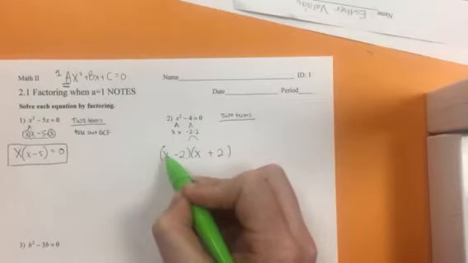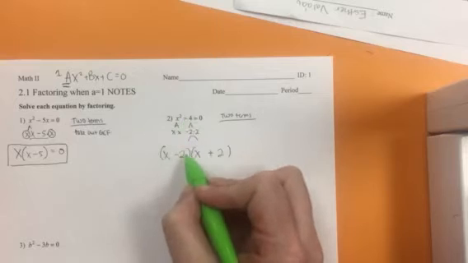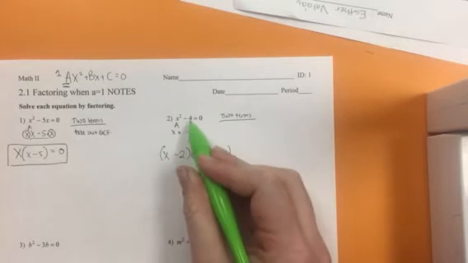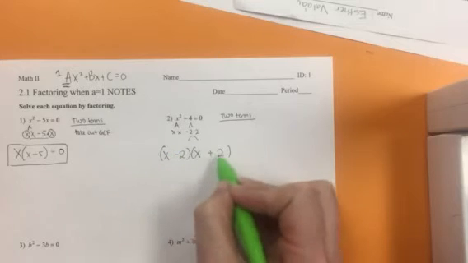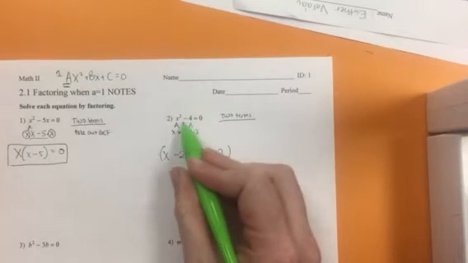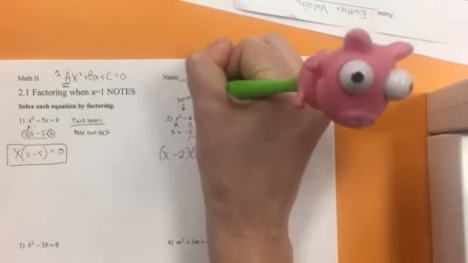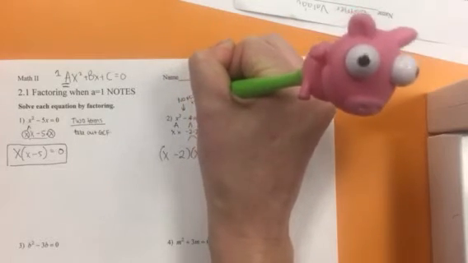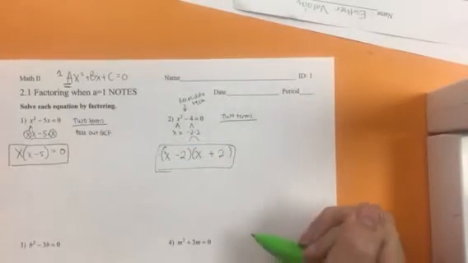If I wanted to check my work, x times x is x squared. That's correct. Negative 2 times 2 is negative 4. That's correct. And when I add negative 2 plus 2 together, they cancel out, which is why there is no middle term.